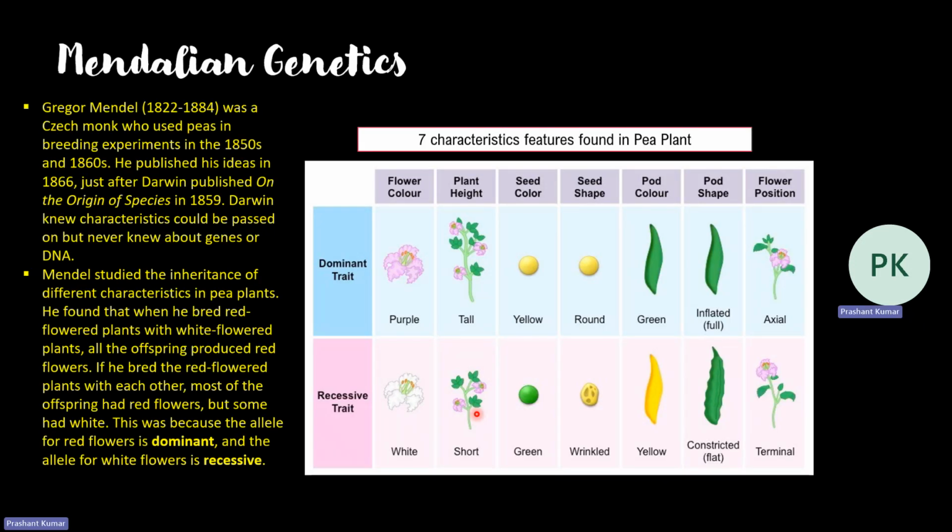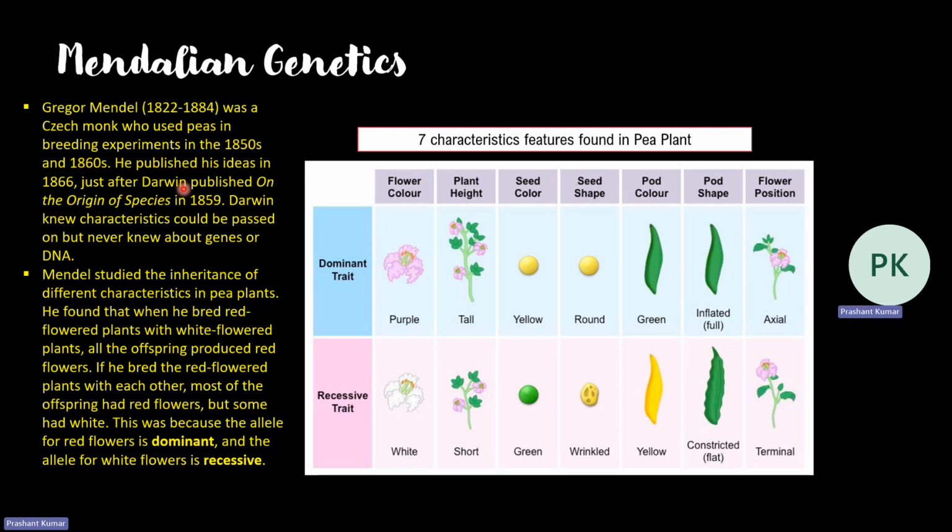So let's talk about Mendelian genetics, what Mendel has done. Mendel was born in 1822 and died in 1884, nearby 62 years. Actually, he was a monk who used peas in breeding experiments from 1950 to 1960, 10 years.